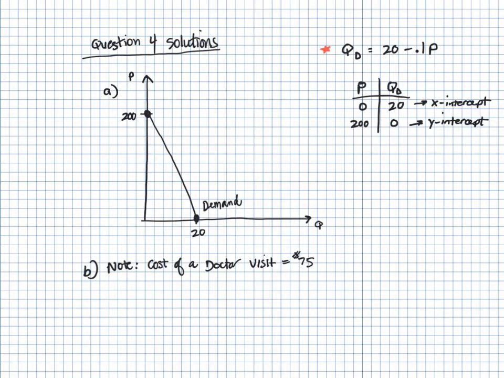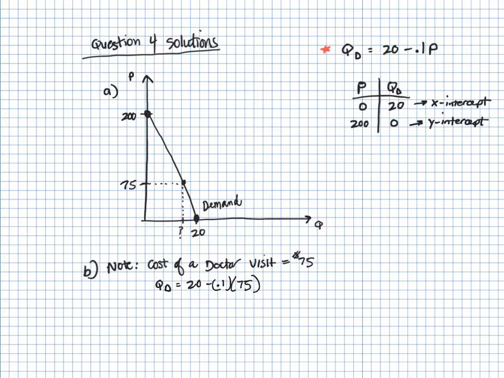So if we want to think of this situation graphically, what we are trying to do is figure out the quantity that's associated with a price of 75. In order to do that, we can go back up to our equation here, plug in 75 for the price that Bob would have to pay, and then evaluate this expression, solve it for QD.